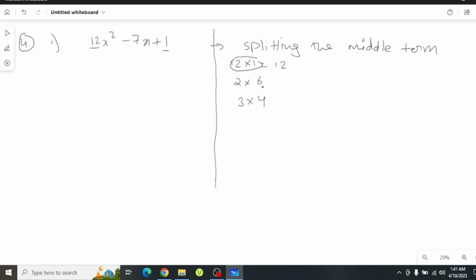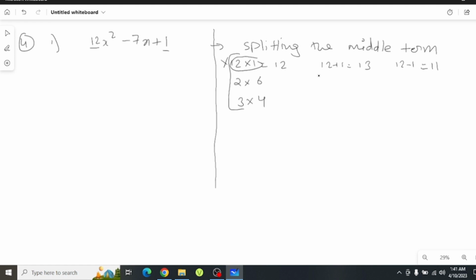Now we will check all these three sets to find the value of 7 by adding or subtracting. If we add 12 and 1, the result will be 13, and if we subtract them, the result will be 11. But we need 7, so we will ignore this set.